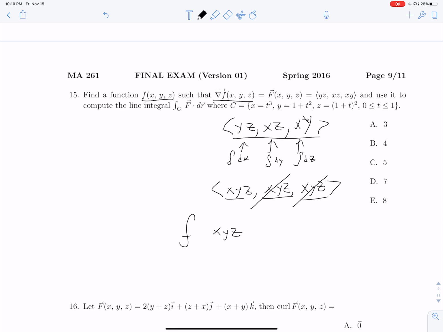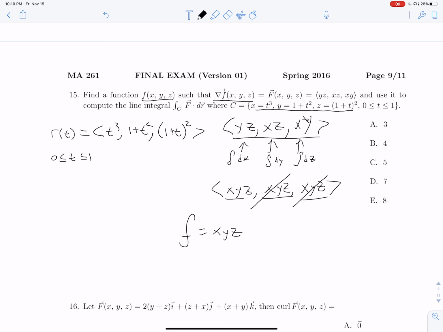Okay, so we know that our potential function f is xyz, and we know that our curve is defined. Let's make an r of t, where r of t is t cubed, 1 plus t squared, 1 plus t squared, and where this is just coming from our x, y, and z values over here, where 0 is less than or equal to t, which is less than or equal to 1.